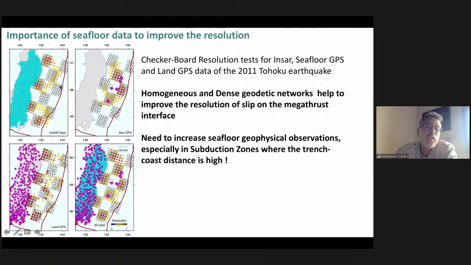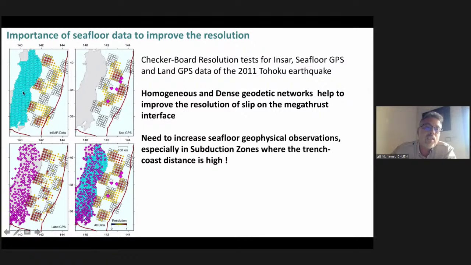So you start with this checkerboard that you all see below, and you do some inversion of the InSAR point measurements or GPS point measurements inland and on the seafloor, and you can see how each different data set has the power to resolve or not different patches on the slab interface.